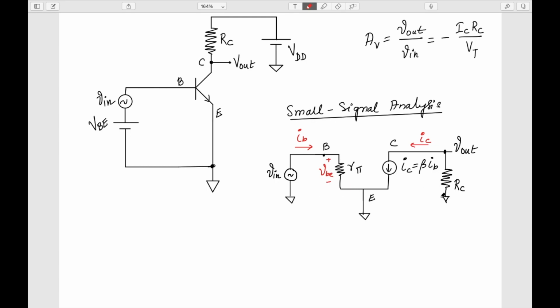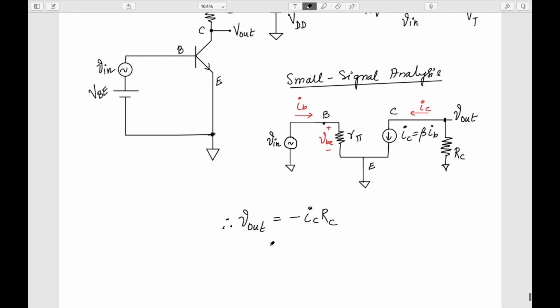Because the current is flowing from ground to here, my V out will be equal to minus IC into RC, because it is going from this ground, it has to go to the negative potential, otherwise the current will not flow. I have considered the current direction to be in this direction.